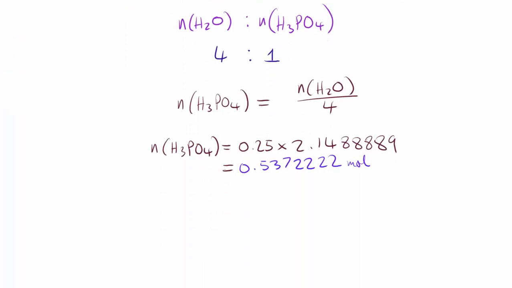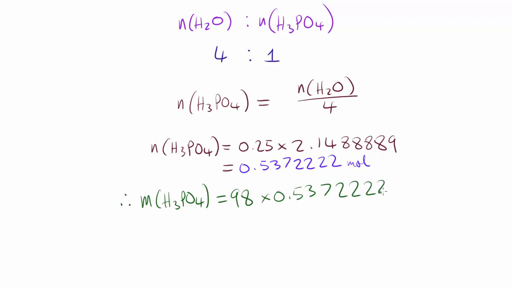So the mass of H₃PO₄ is equal to 98 multiplied by 0.5372222.